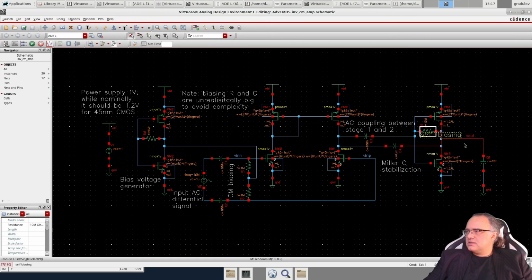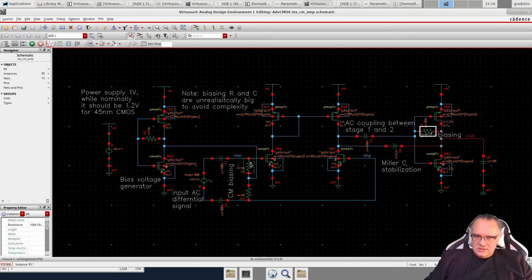And this is the second stage. The load is 10 femto. So here is how the input differential signal is generated. It is AC coupled to the first stage, and the biasing for the first stage is provided by this link through these resistors.